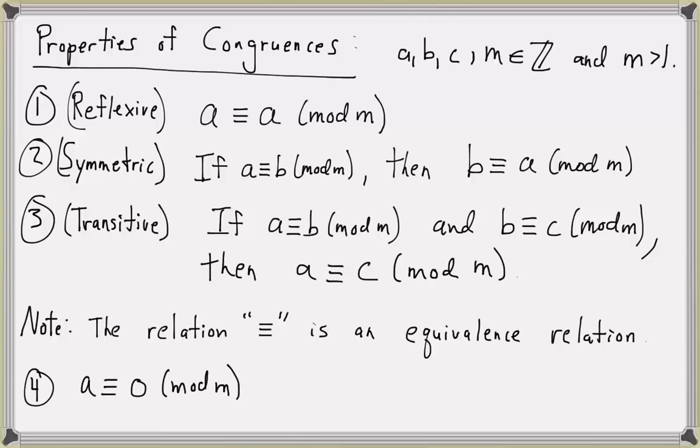So a is congruent to 0 mod m if and only if m divides a. And this is a very simple property to prove. By the definition of congruence, if a is congruent to 0 mod m, then m divides a minus 0, but that is a. So now we will prove some algebraic properties of congruences.